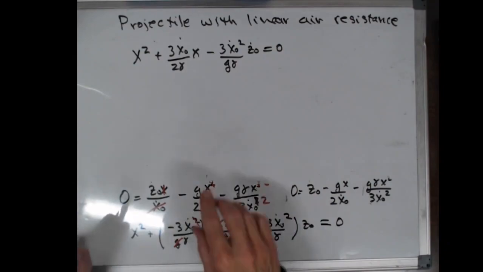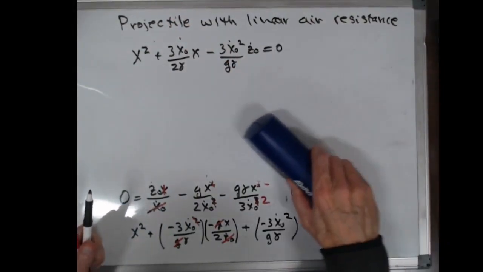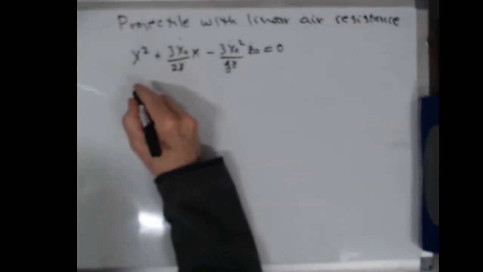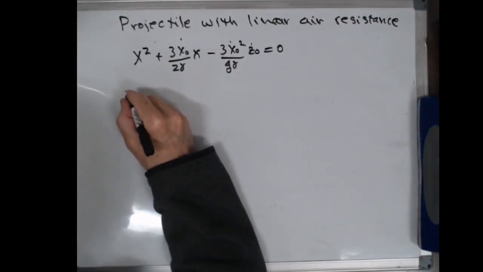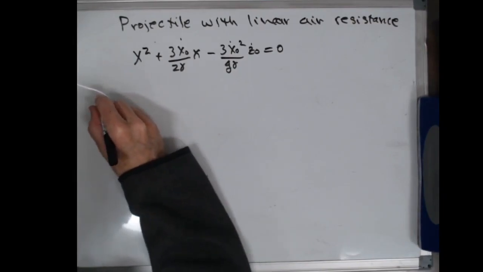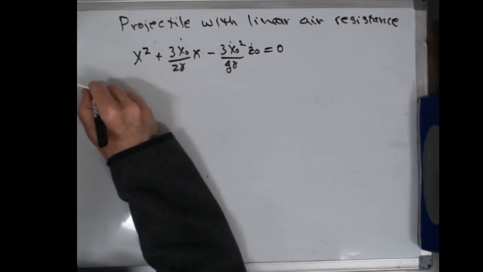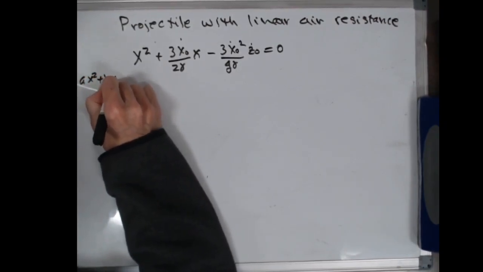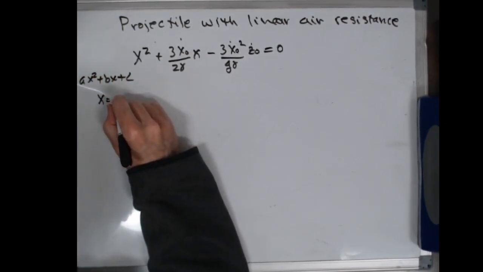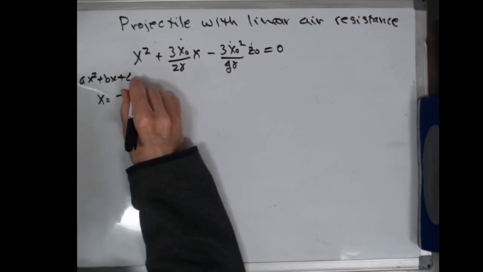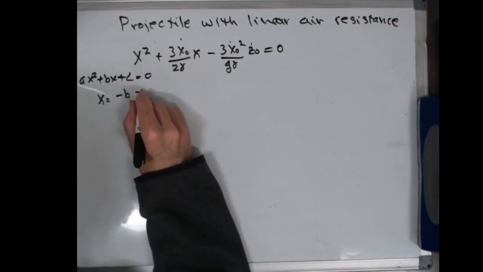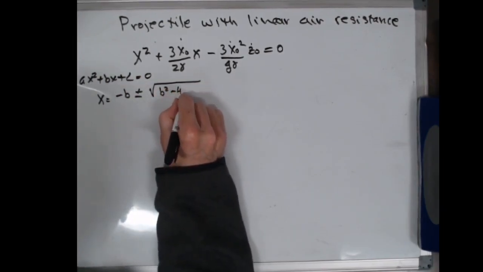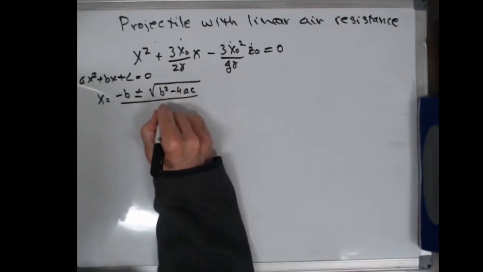And I'm going to solve this using the quadratic formula. So the standard formula is, if you have ax squared plus bx plus c, you get x equals negative b plus or minus the square root of b squared minus 4ac all over 2a.